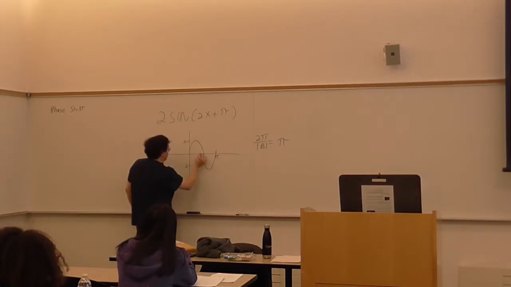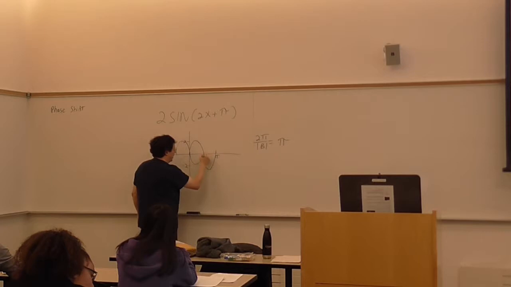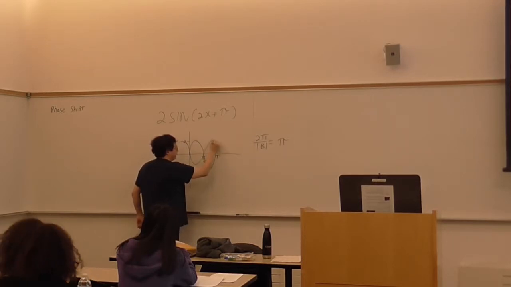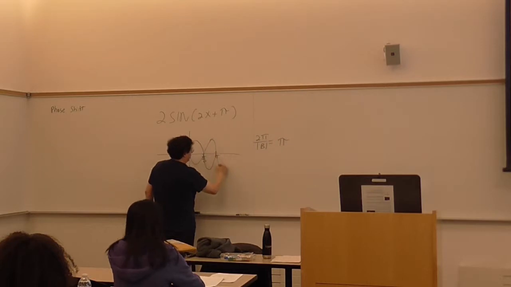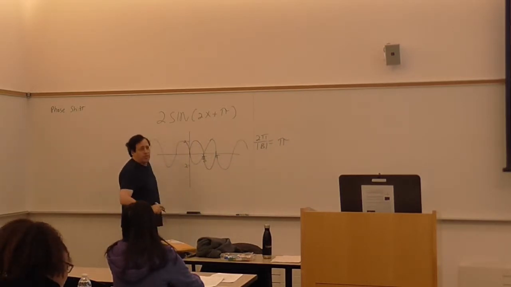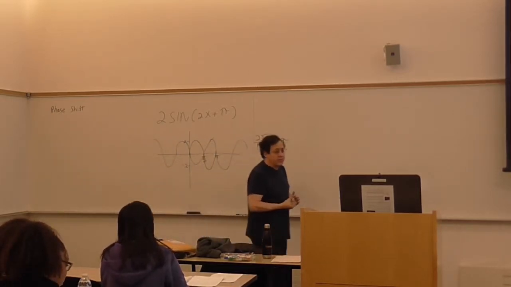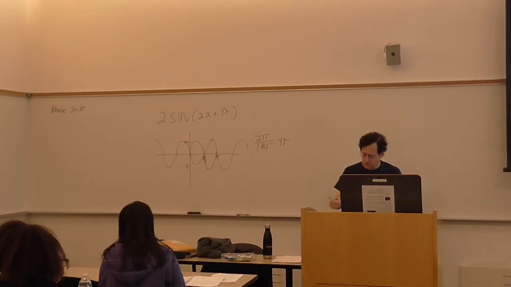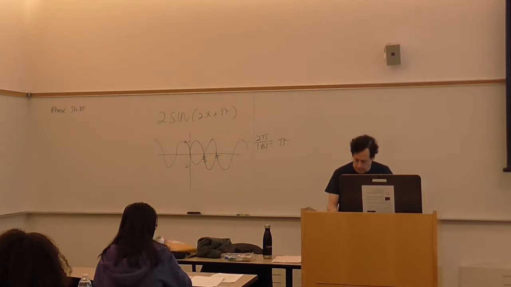So I would think, okay, everything kind of moves like this, and that would be my graph. But I would have made a mistake. I would have made a very important mistake.